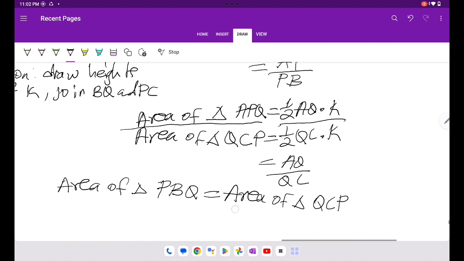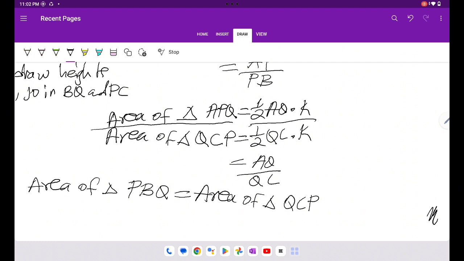Our reason being, they have the same base, and they also have the same height, because they are under the same parallel lines.